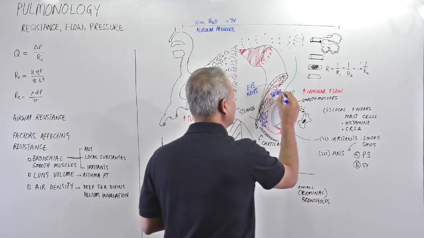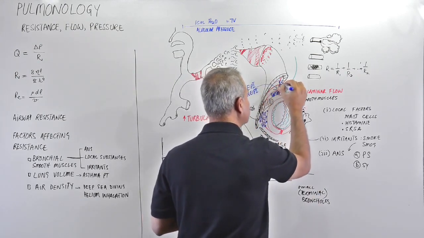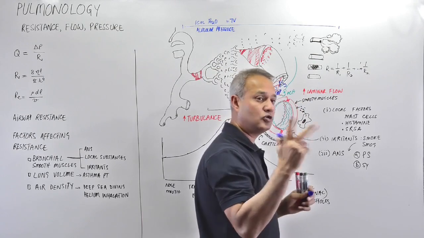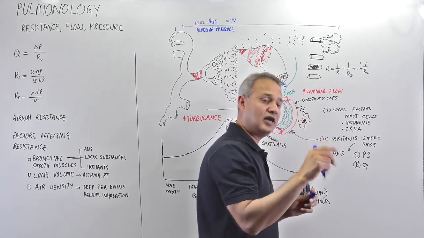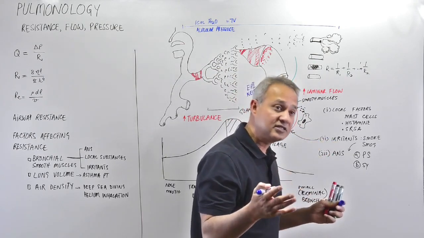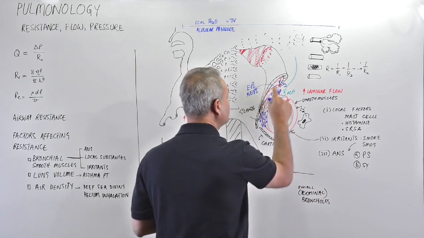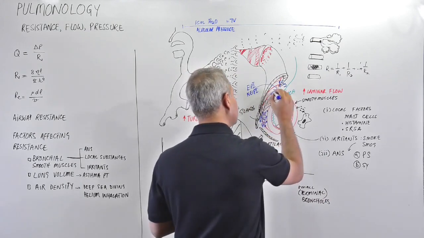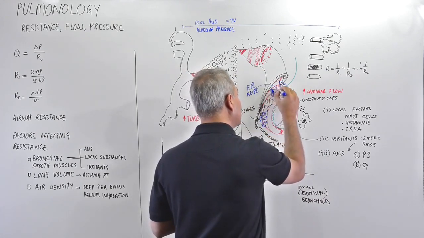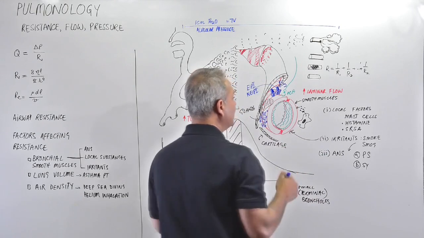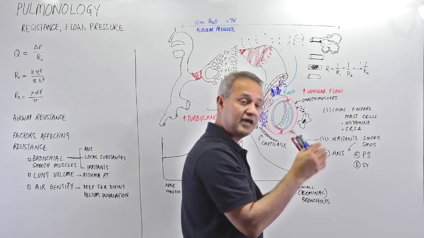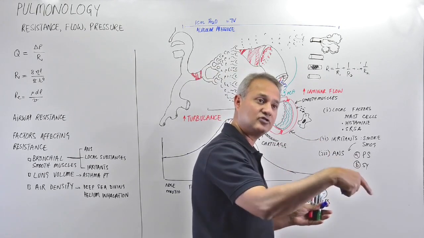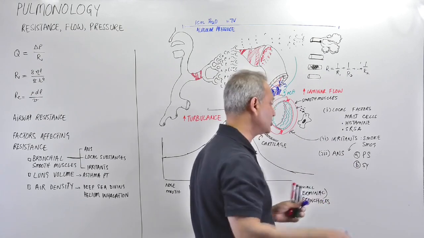Once they attach to beta 2 receptors, remember, one heart, two lungs: beta 1 in the heart and beta 2 in the lungs, the bronchiolar systems. So when beta 2 receptors are stimulated by epinephrine and norepinephrine, that causes the smooth muscles to relax. The same effect as on the cardiovascular system, the vascular systems too.